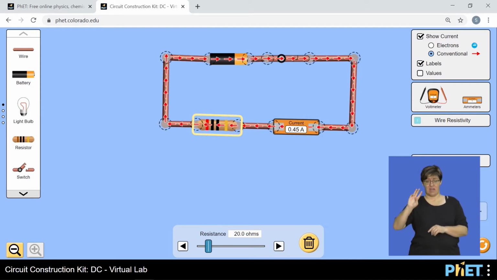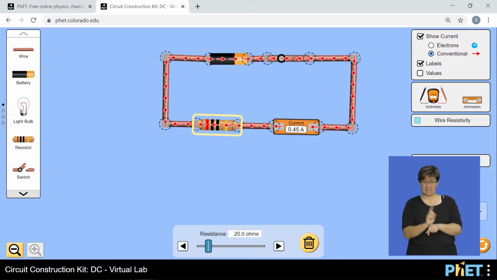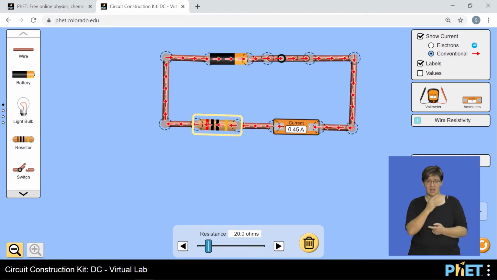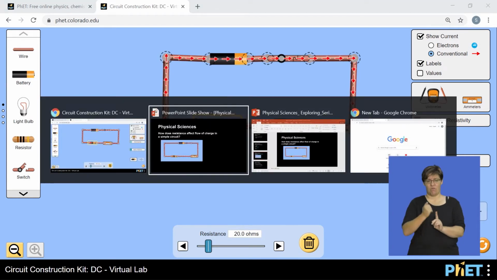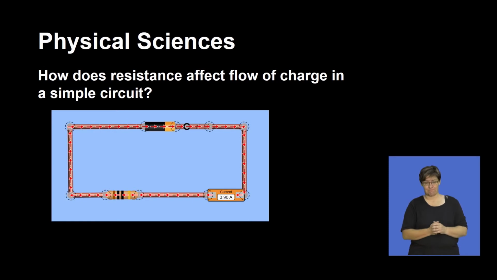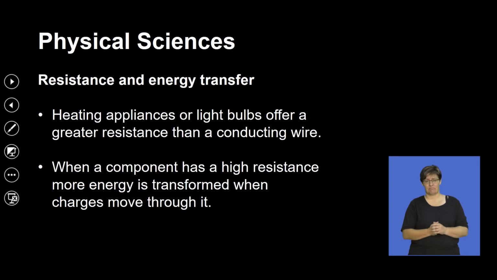And what does 0.45 amperes tell us? It tells us that for every second, there's 0.45 coulombs of charge passing through the resistor per second, right? So that's a simple demonstration of what it means when we talk about the opposition to the flow of electric charge, right? Okay, now let's understand exactly what it means in terms of resistance.